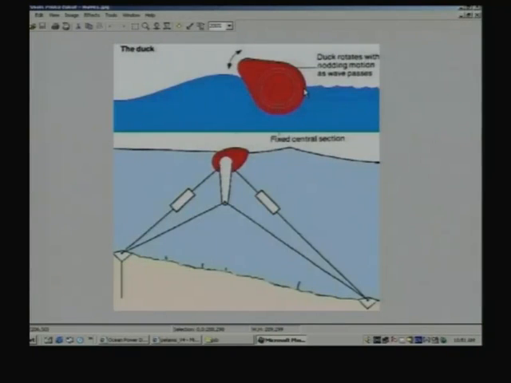As I told you in the history, the Salter duck was the first idea in wave power, but it was shelved for quite some time, for about 20 years. Now, people have started experiments again on the Salter duck.